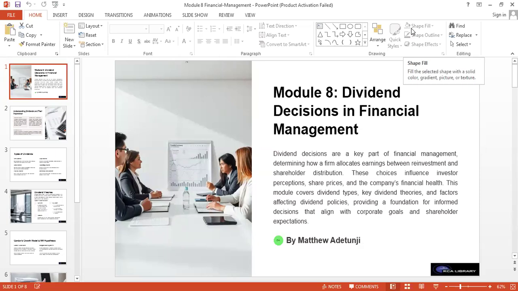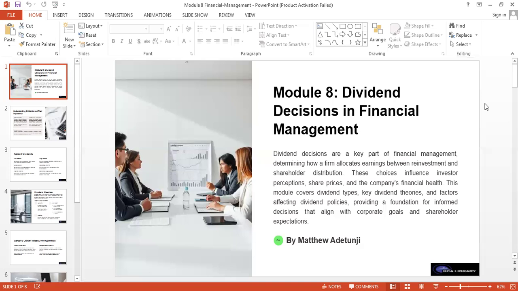This is module 8, and we'll be talking about dividend decisions in financial management. Dividend decisions are a key part of financial management, as they determine how a firm allocates earnings between reinvestment and shareholders' distribution.